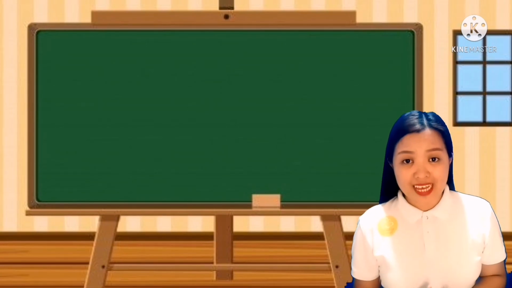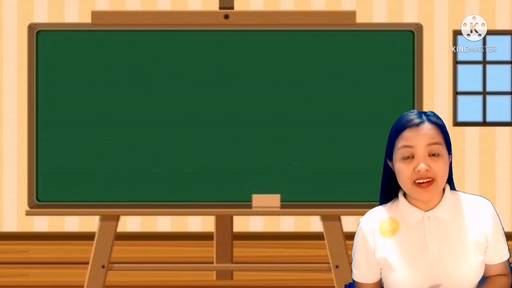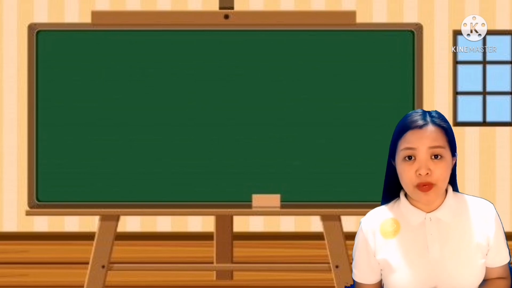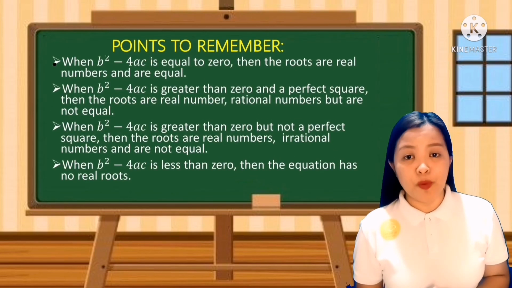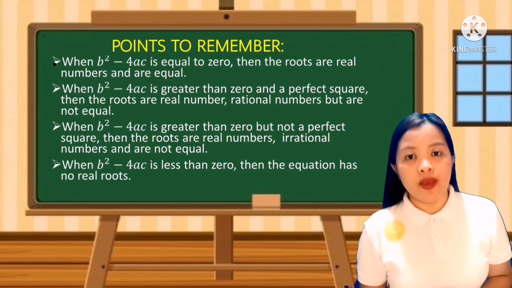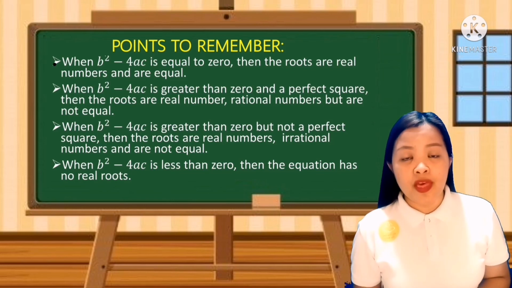To sum up my discussion, please always remember that we can characterize or describe the nature of roots of a quadratic equation by using the discriminant. Here are some points to remember. When b squared minus 4ac is equal to 0, the roots are real, rational, and equal.